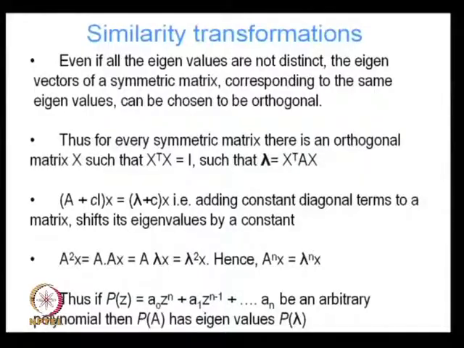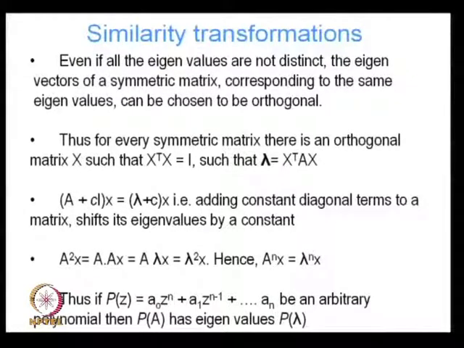The second property we want to talk about is what happens if we take powers of a matrix. For instance, if we take the product of a matrix with itself, A squared x, I can write it as A operating on Ax, but Ax I know I can write as lambda x. Thus, A operating on lambda x, since lambda is a scalar, I can move it out, and so we have lambda times Ax, but again Ax is equal to lambda x.